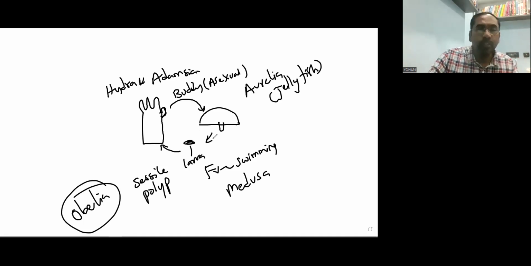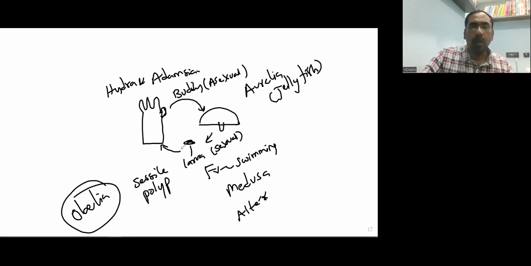And again, they give rise to polyp. So in one generation, we can find asexual reproduction. In another generation, we can find sexual reproduction. This type of development is called, very, very important, alternation of generation or metagenesis.